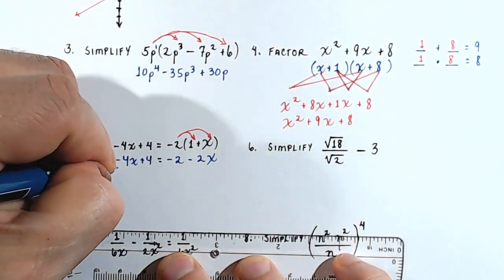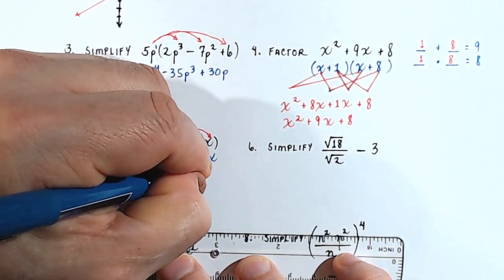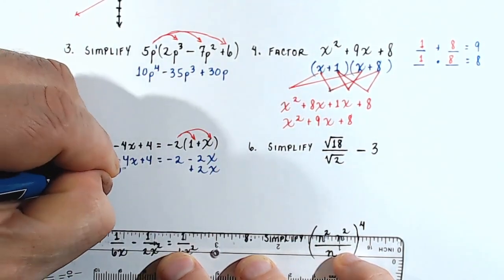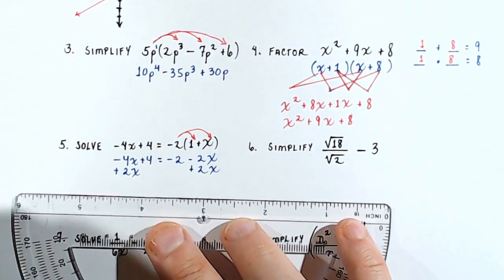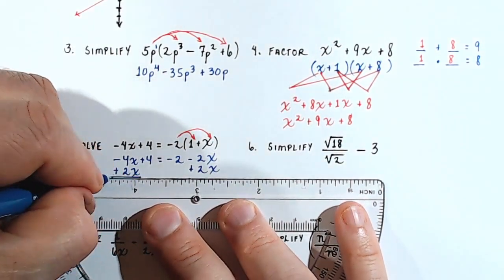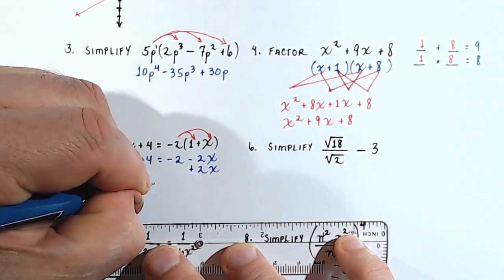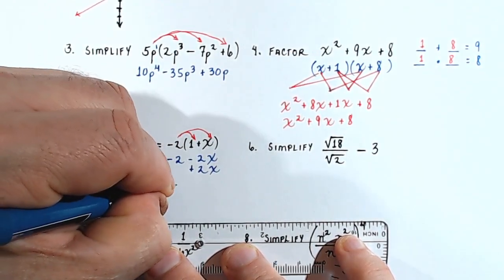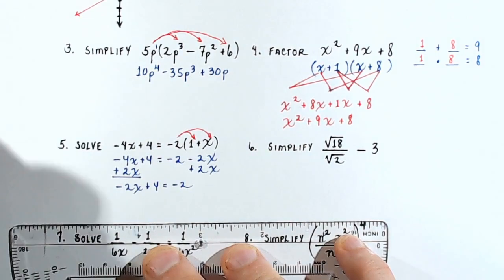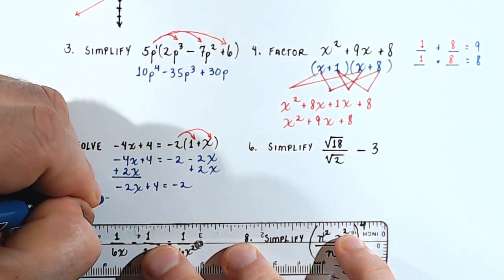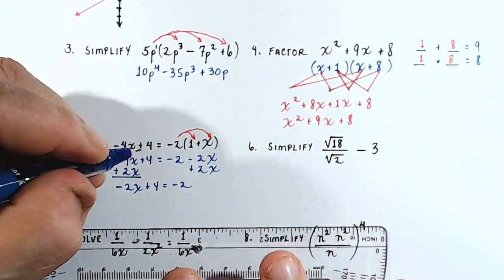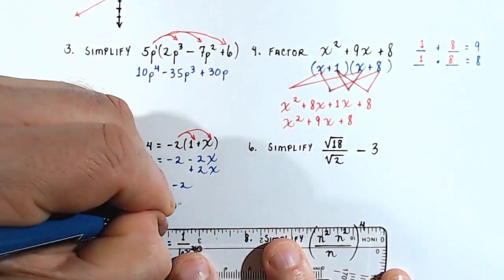Solving for x, let me add 2x to both sides. And on the left side, negative 4x plus 2x is negative 2x plus 4 equals negative 2. Okay, and so now what I need to do is subtract 4 from both sides.